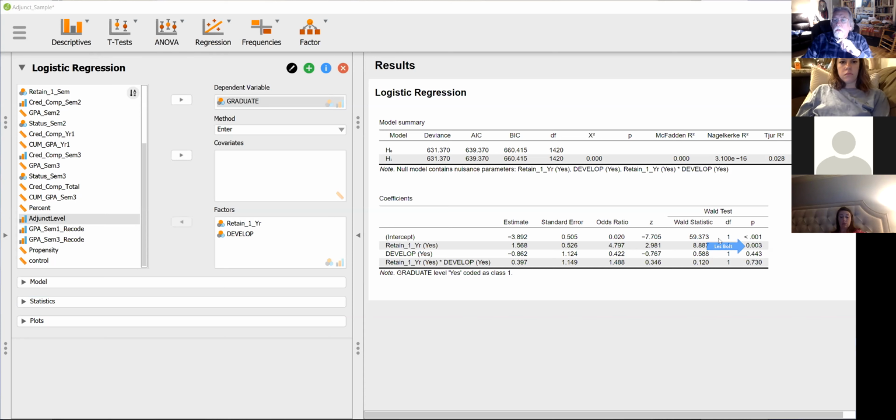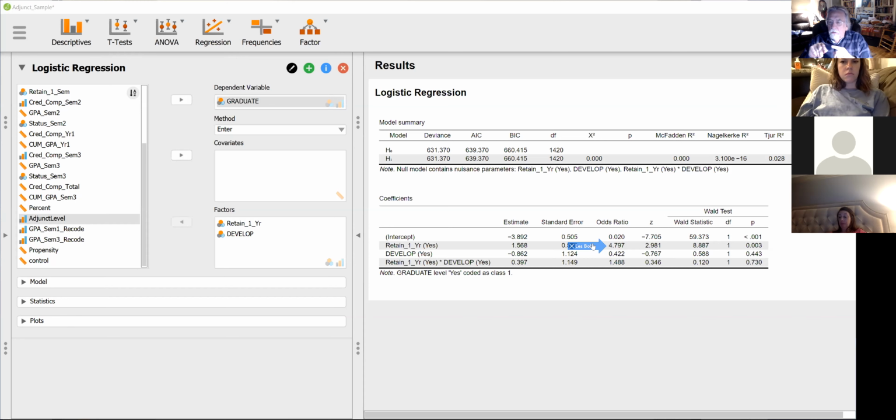Now, this odds ratio thing here, odds ratios are really useful because they can be used to talk about likelihoods. What's the likelihood that something will happen? Now, this is different from probability.